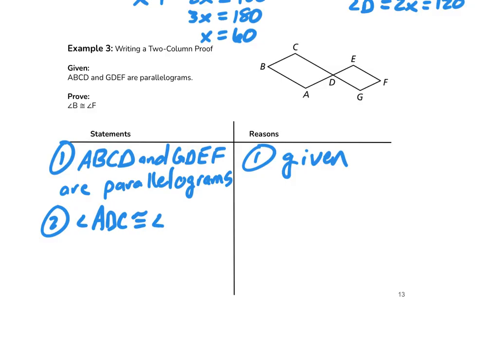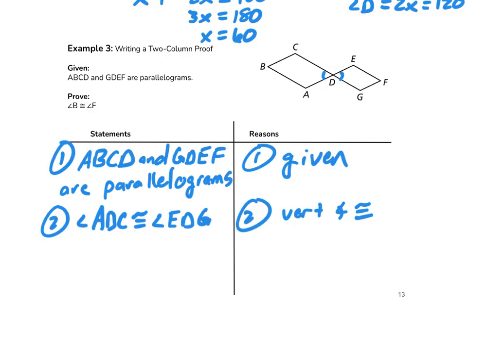We can either call it EDG or GDE. Because we've talked about that before. They're still right across from one another, so we know these two angles are congruent because they're vertical angles.